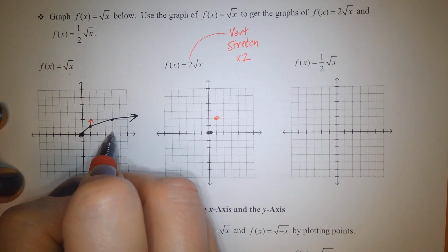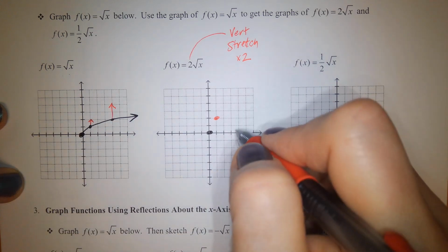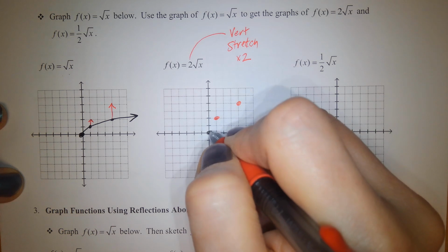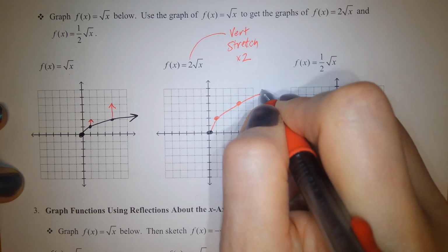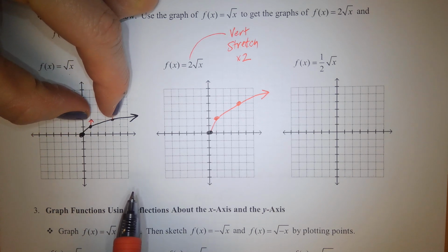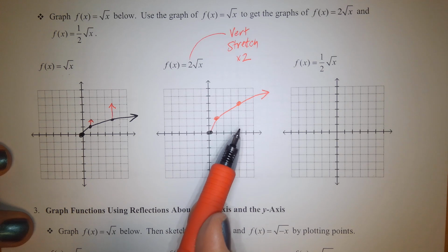This point here, instead of being 2 tall, is going to be 4 tall. So it's going to be twice its height. So this is what the graph will look like. You can see every point has been stretched and pulled upward to create this graph over here.